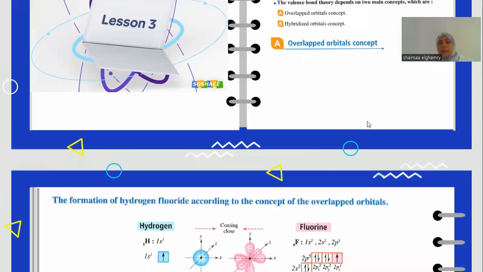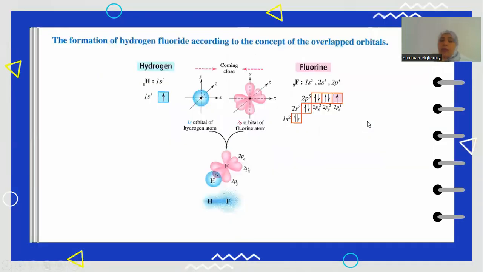The first concept, overlap, as we can see, in forming hydrogen fluoride. Hydrogen has an s orbital, which contains only 1 electron, and fluorine, as you can see from the distribution of electrons, has only 1 half-filled orbital, which is 2pz.